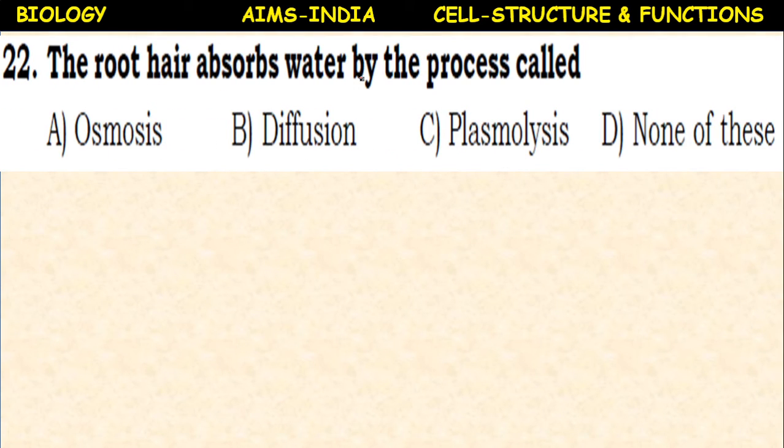Next, the root hair absorbs water by the process called osmosis, diffusion, plasmolysis. So it is osmosis. What is osmosis? Can you define osmosis? Osmosis is a physiological process in which two different solutions are separated by a biological membrane.